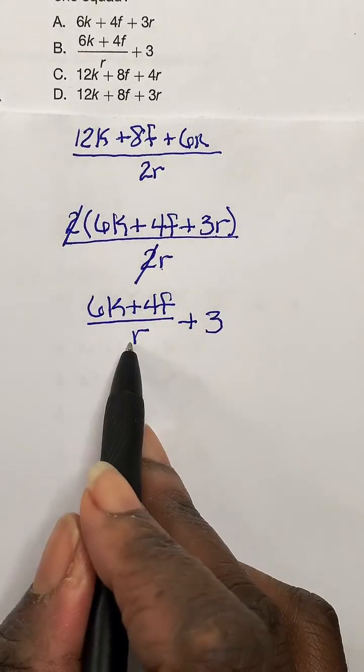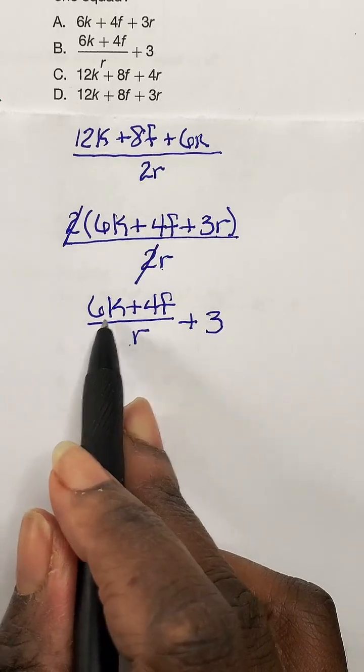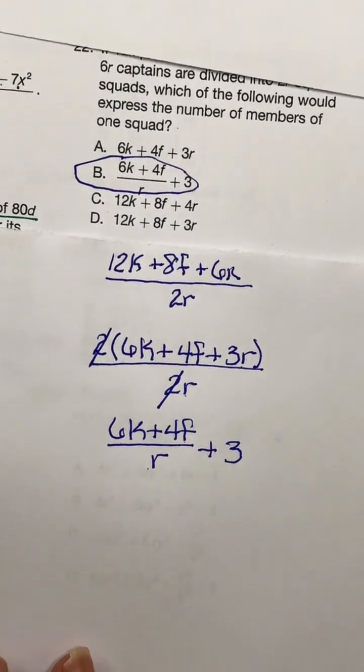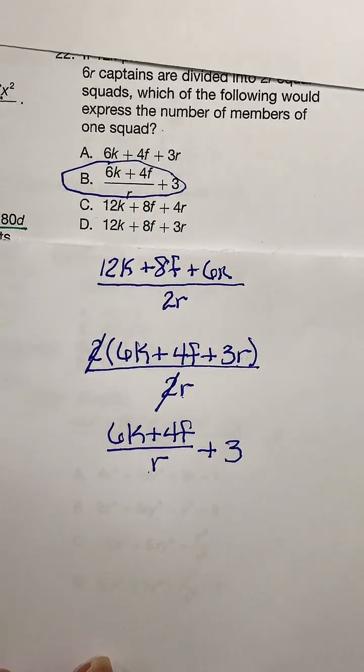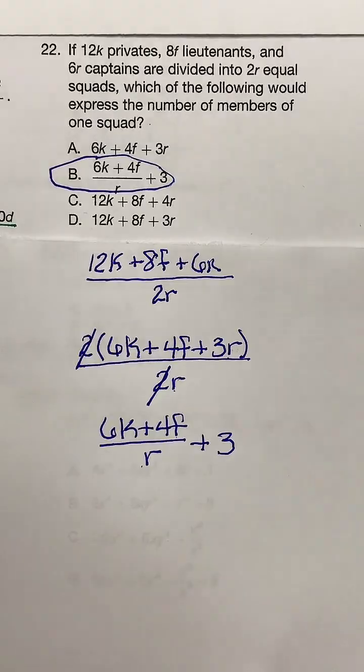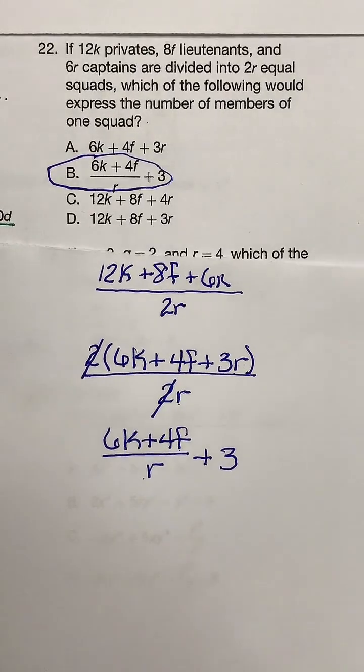So my answer is going to be 6K plus 4F over R plus 3. So this is actually going to be answer B. I know, that was a tough one. But of course, we got to start off tough so we can kind of ease on into it. Okay?